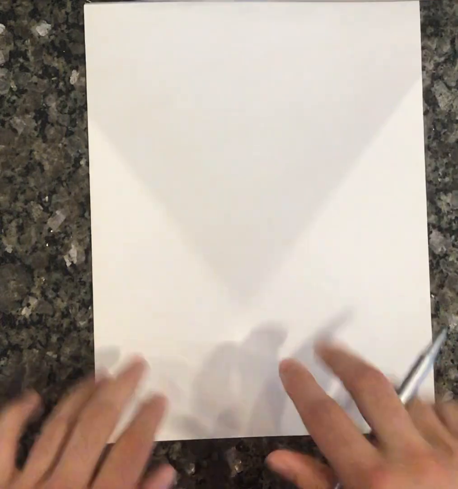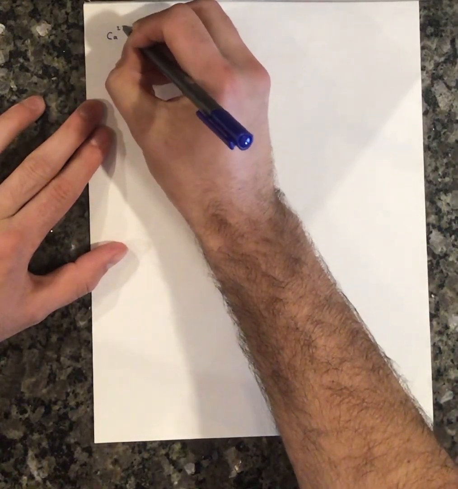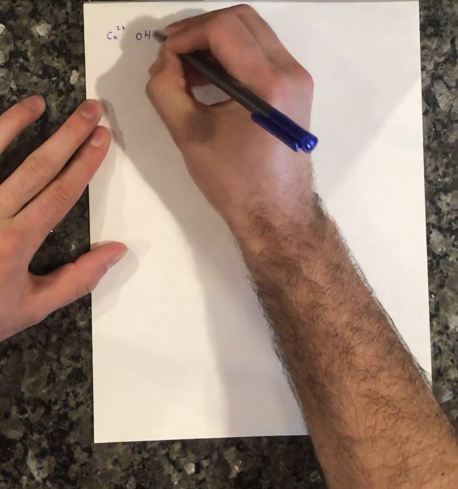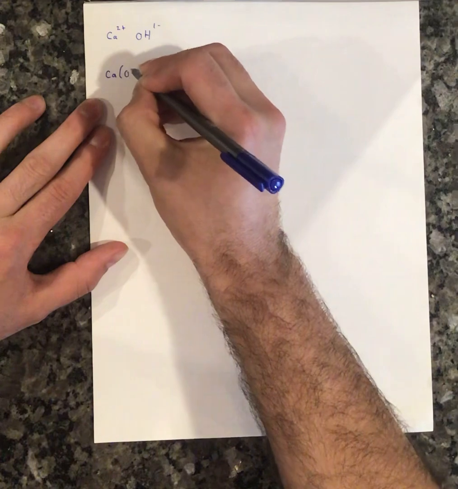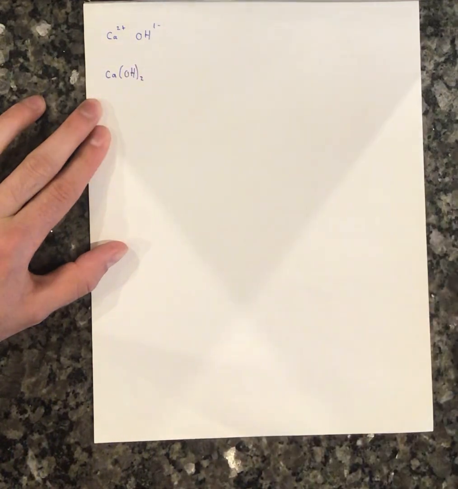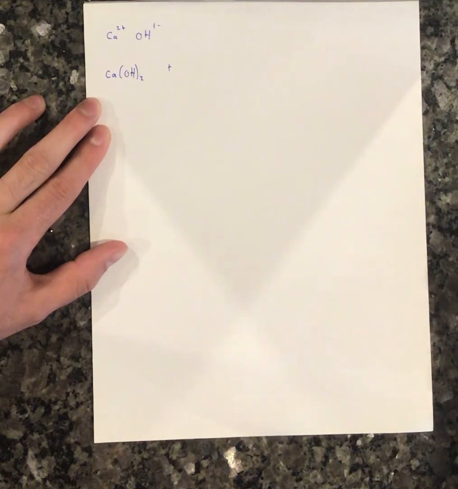Okay, so hopefully you tried it out. We're going to go through this here. First we have calcium hydroxide. Calcium is a 2+, hydroxide is a 1-. So when we do our crisscross, we get Ca bracket OH 2. Next we have nitric acid.